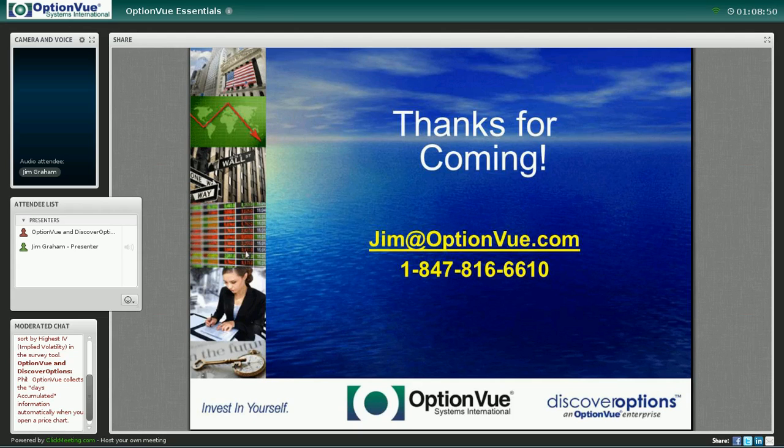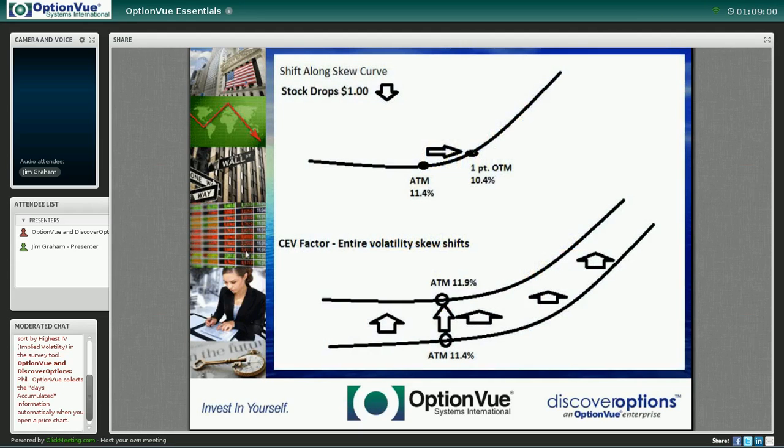I see someone was confused with my one graph about the stock going down $1. Let me go back to my graph a second. I know it was pretty primitive, I just threw it together. I'm just saying the stock drops $1. The reason this looks like it's maybe going up is that this is the vol skew curve.